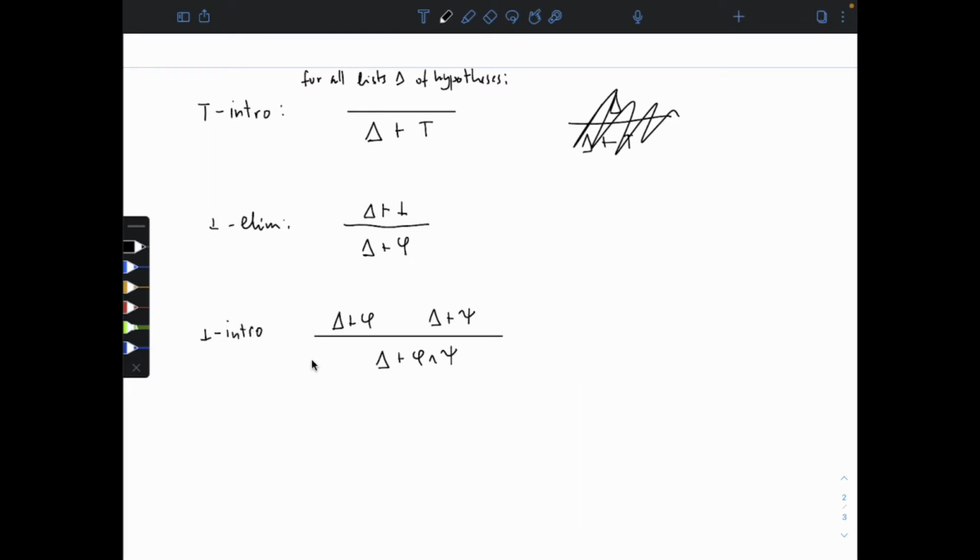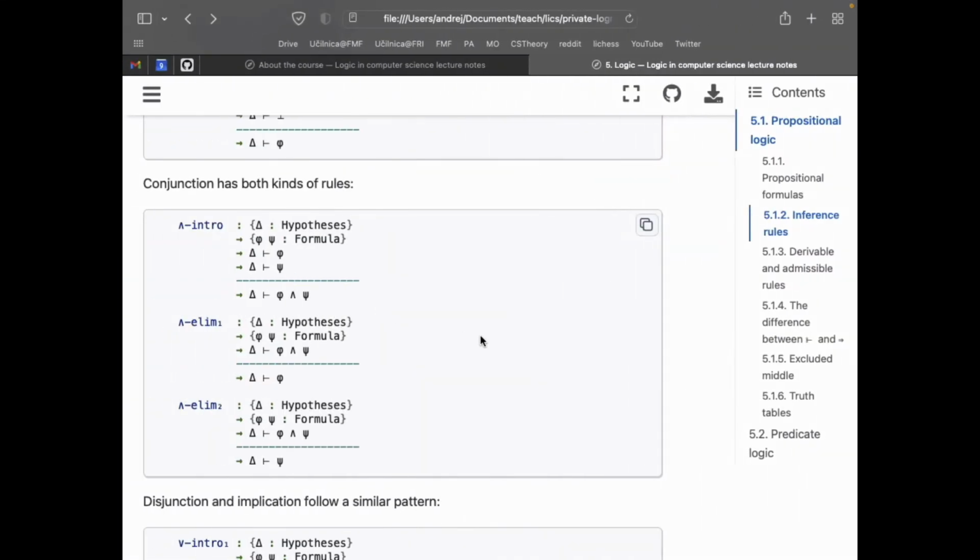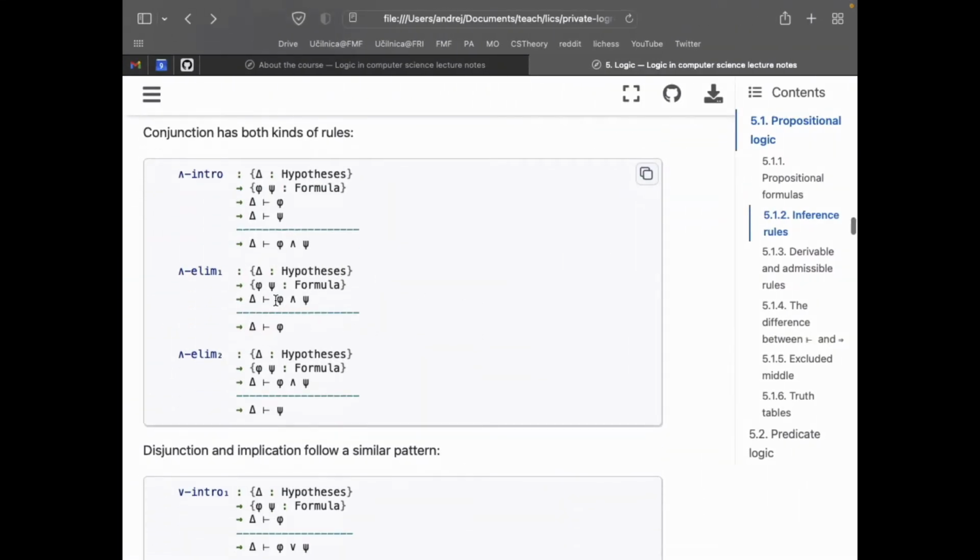All this says is to prove a conjunction, you prove each one of them. How do you use a conjunction? Well, if you have already derived phi and psi, then you can forget the psi and you just keep the phi. Or you can just keep the psi. So there are two elimination rules, the left one and the right one, which extract the components, the conjuncts.